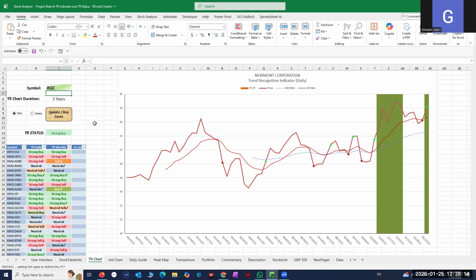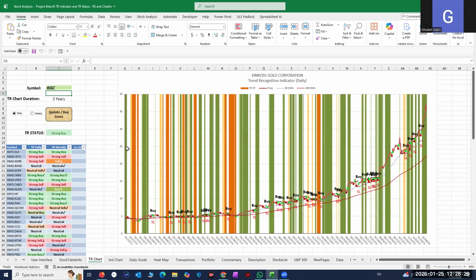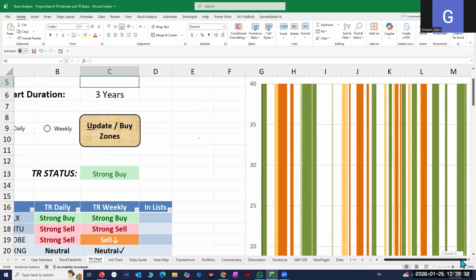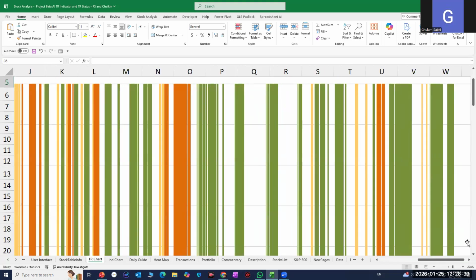So I was just explaining, Shiraz, your question about how going forward. We were just considering what made us make this decision. It was not just the pure TR indicator. We go into the technical details as well, and I will tell you. So this is Kinross again, and I can zoom in on the Excel version, just like we can do it over there.